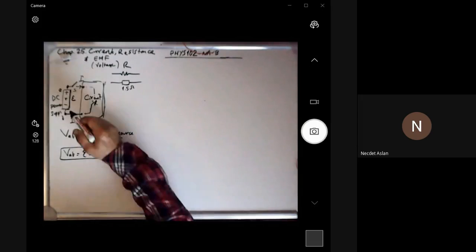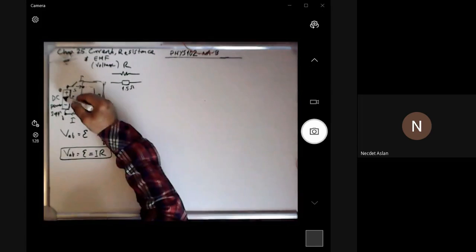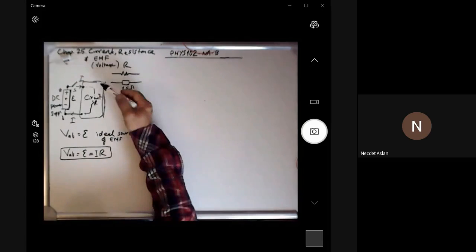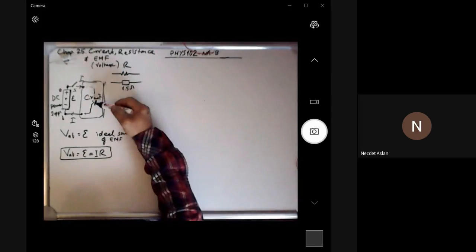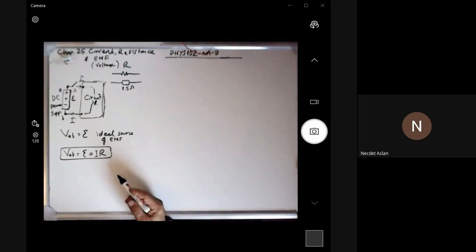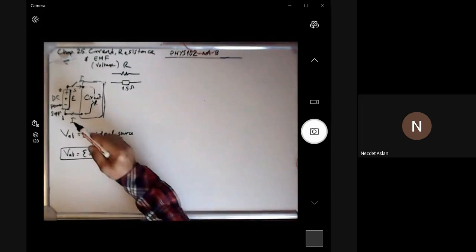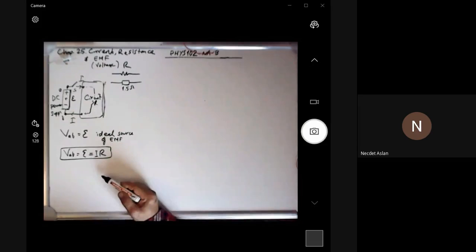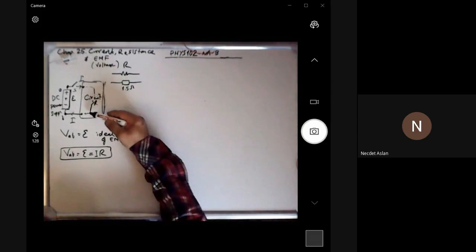So the potential is provided by the power supply, but how much current is leaving the power supply, coming back into or passing through the circuit, depends only on the equivalent resistance of the circuit.